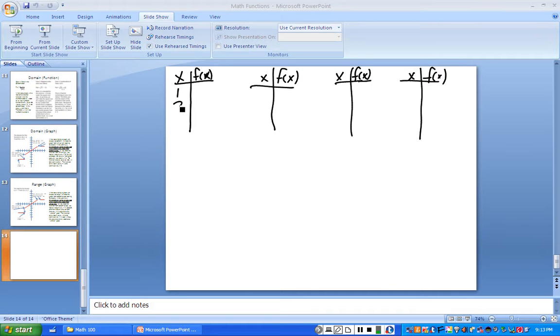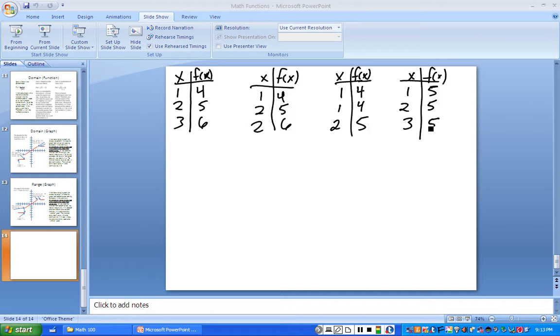Let's say I have 1, 2, 3, 4, 5, 6, 1, 2, 2, 4, 5, 6, 1, 1, 2, 4, 4, 5, 1, 2, 3, 5, 5, 5. Alright, here we go. So now, this is a different look.